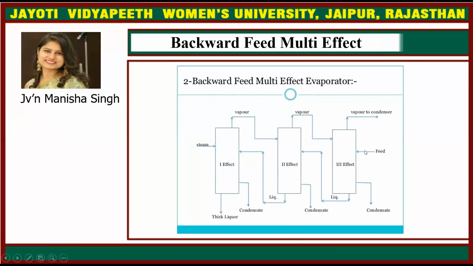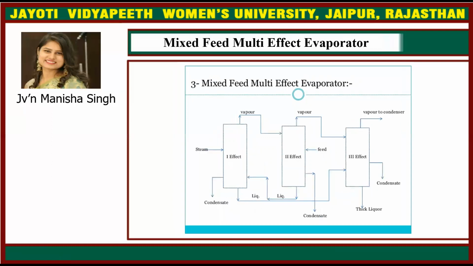Then the feed will be moving here. As the temperature here is very low, viscous food product can move easily, and where the temperature is very high, the viscosity will be less. As the temperature rises, the movement of the feed is very easy in this kind of evaporator. Therefore, backward feed multi-effect evaporators are used for viscous food products.